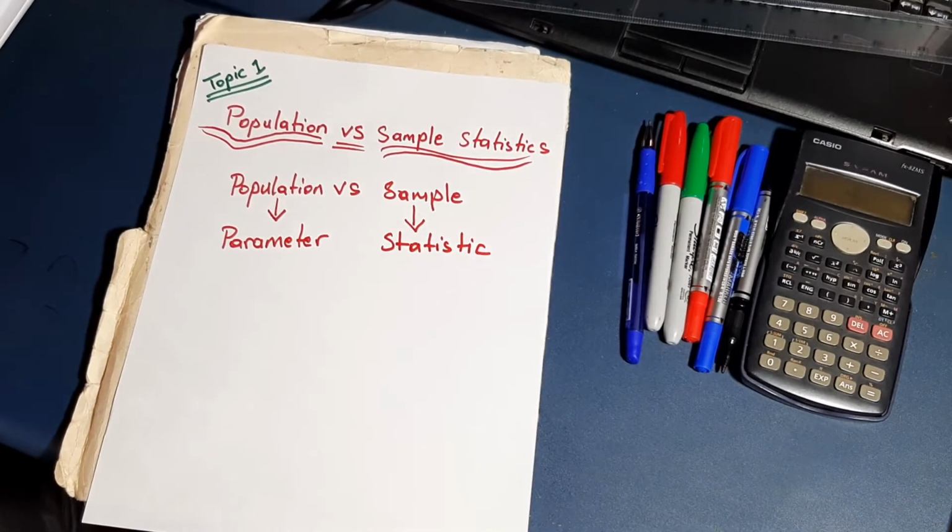Remember, population refers to all the items we are interested in studying, while a sample is a subset of the population. Calculating one feature of the population is called a parameter. Calculating a feature of the sample is called a statistic.